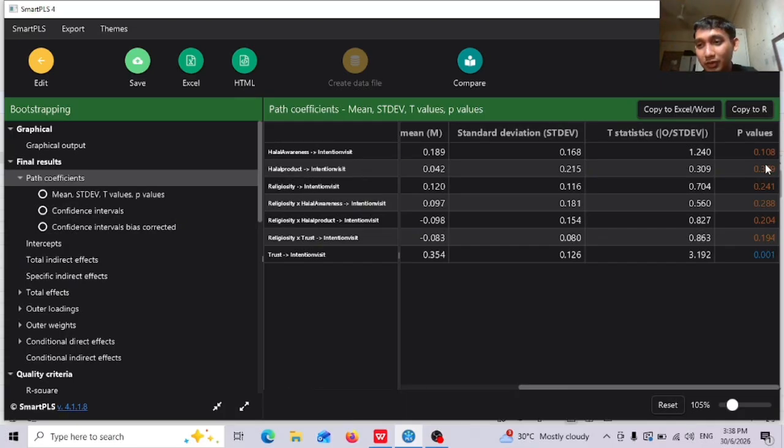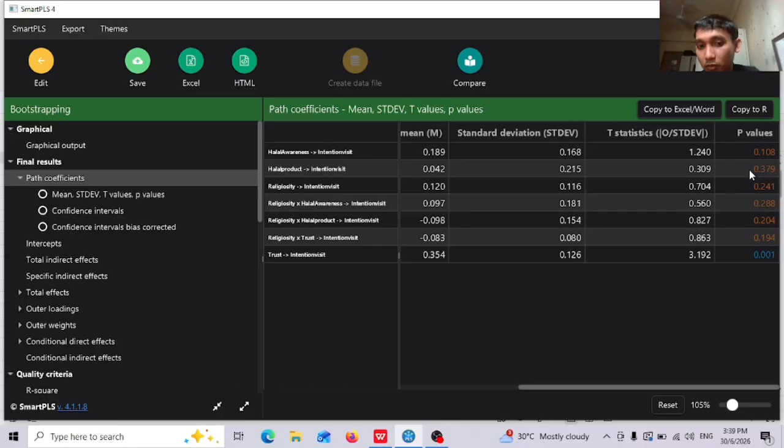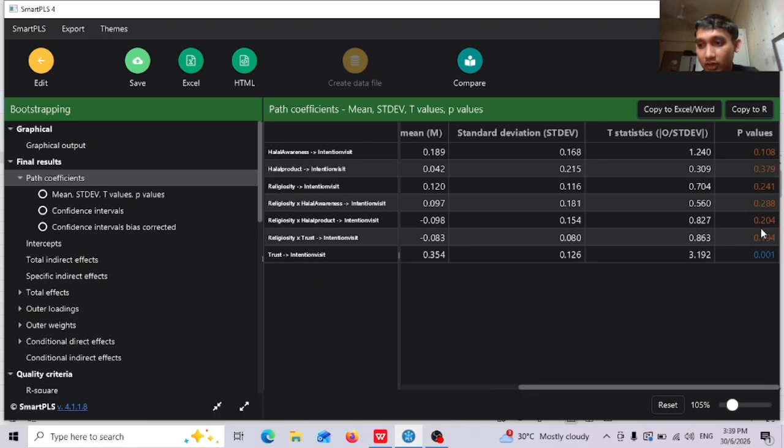Oh, this p-value is not good data because of the negative relationship between the variables. But the one that supports the hypothesis is trust to intention to visit at 0.001. The rest of them are over 0.05.